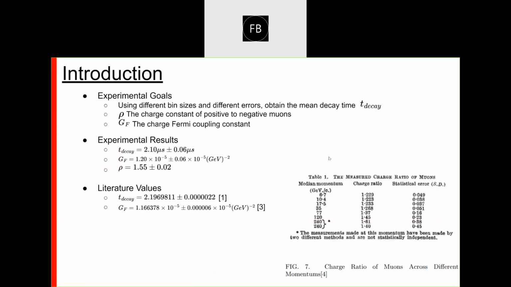Now, our experimental goals were to get the best fit for that exponential and extract the time of decay from it, and also use that to derive the charge ratio and confirm the Fermi coupling constant as well.